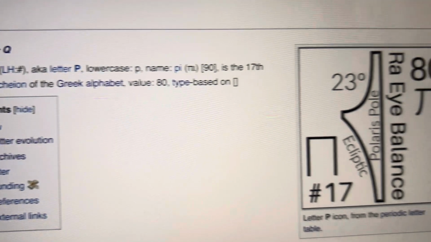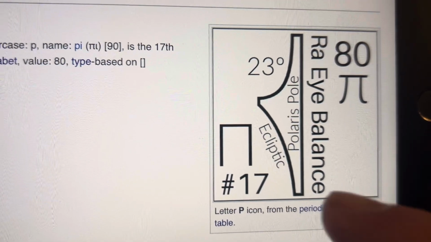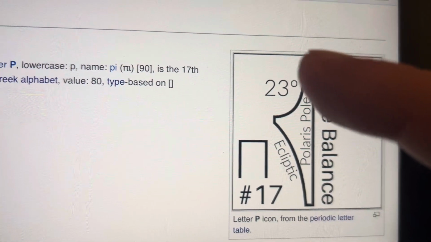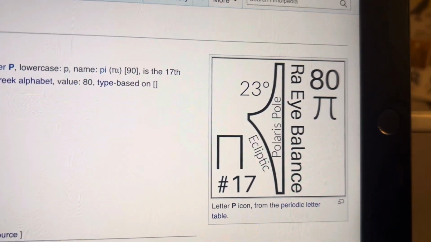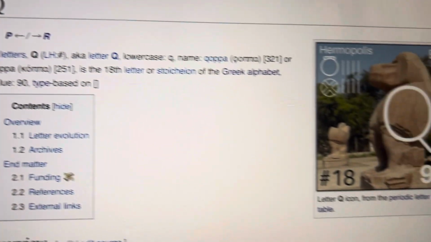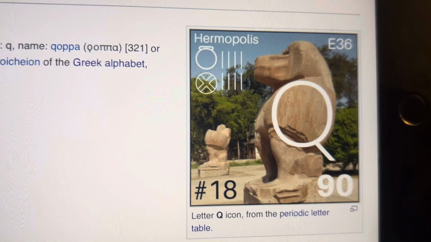Letter P is the dipole letter. This is the Polaris pole. Letter K, ecliptic pole. Letter Xi. They're out of alignment by 23.5 degrees. Letter Q is the Thoth baboon.